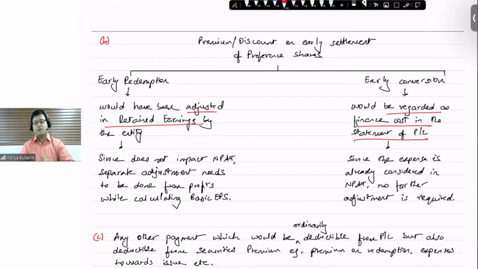That means this 300 rupees is already gone in my statement of P&L as finance cost.